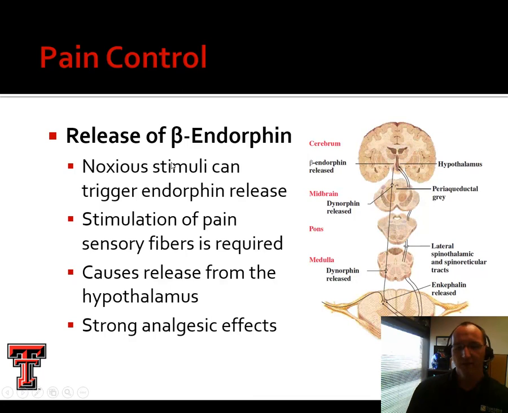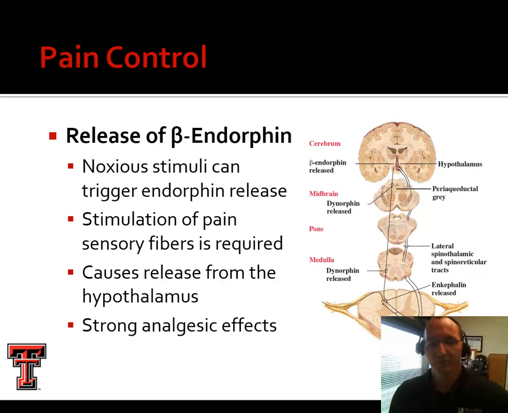So we get these strong pain prevention or analgesic effects as a result of this beta endorphin. This is a reason why a lot of times in the middle of participation, someone might sustain a severe injury, or we see this oftentimes in a case of a car accident. You will get this big endorphin release, and it essentially stifles the perception of pain.